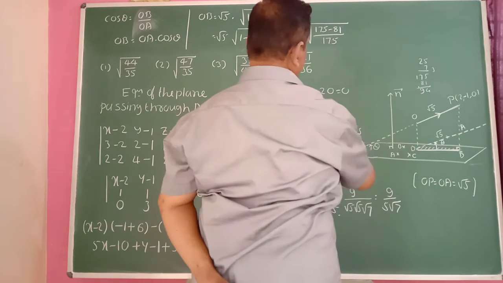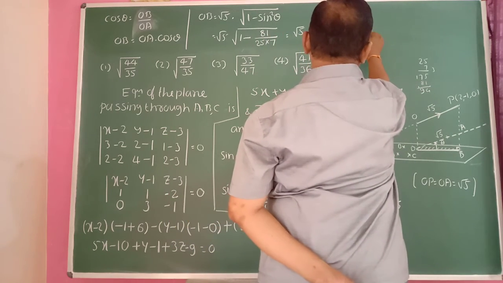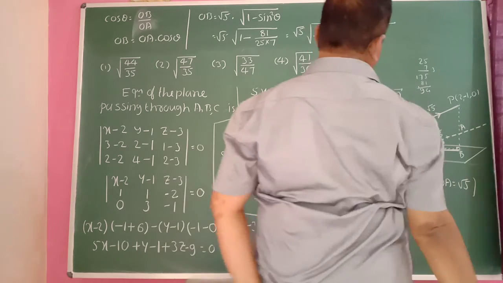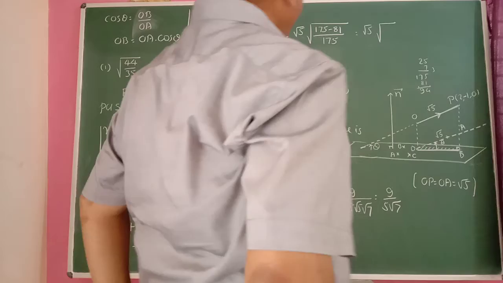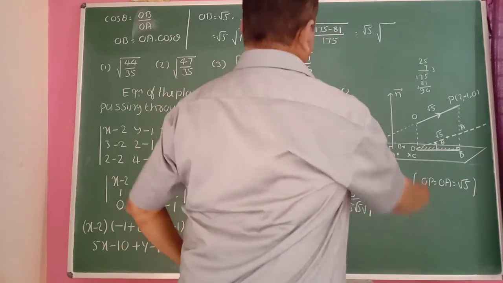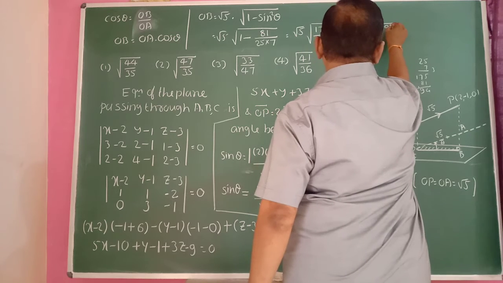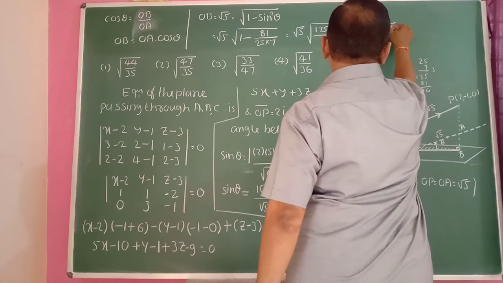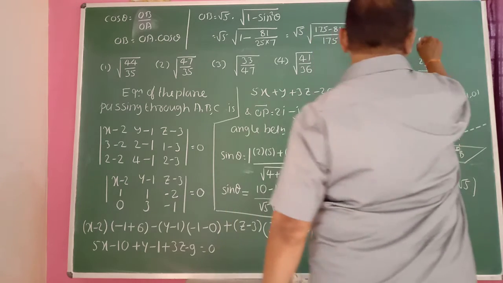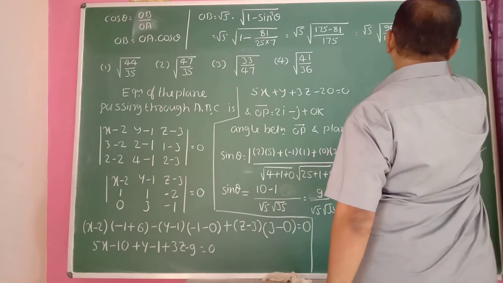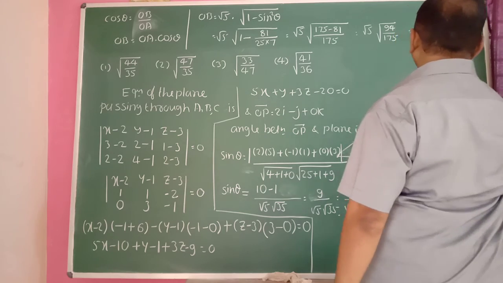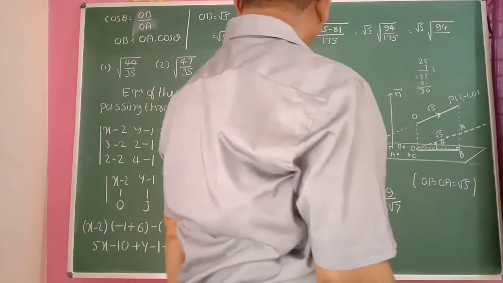So 94 here. Therefore, it is equal to root of 5 into square root of 94 divided by 175.